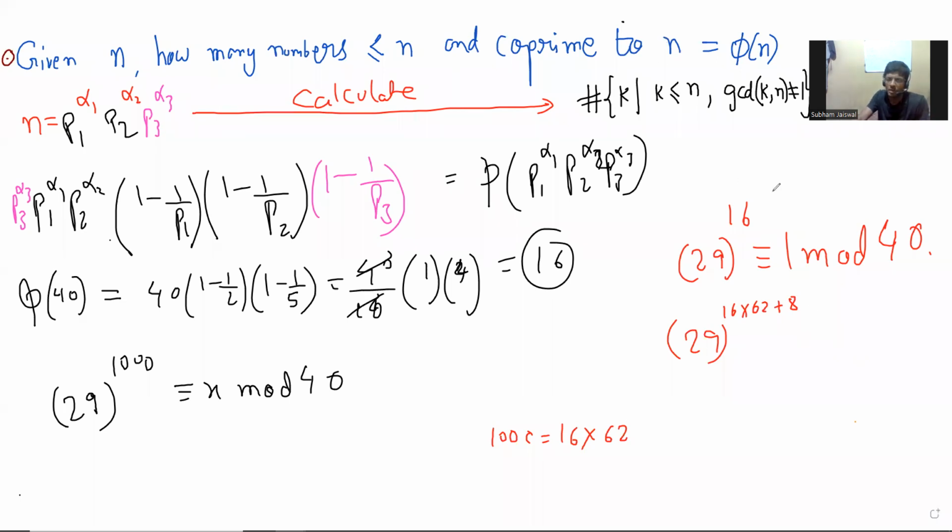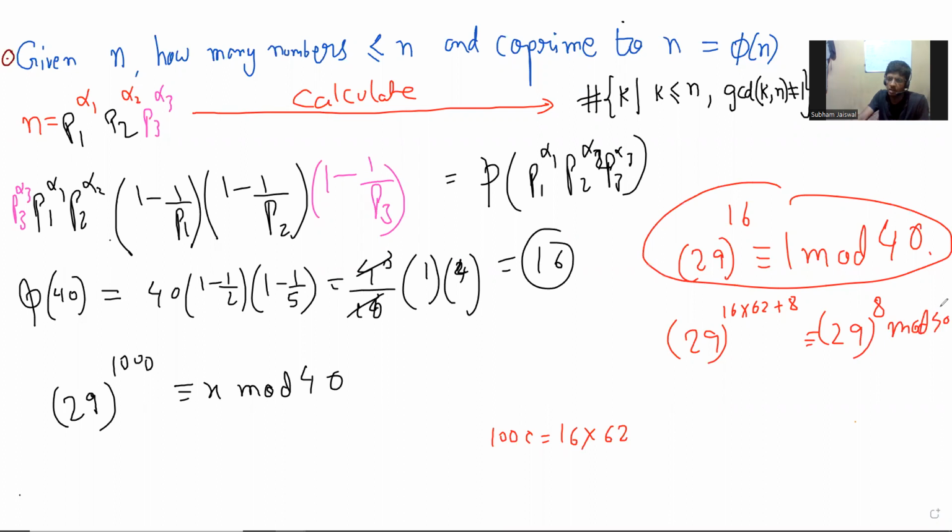And so from this formula, we know that we can forget about this 16 to the power 16 times 62, right? That's the advantage, which is a big simplification. This is 29 square 1, it might be.